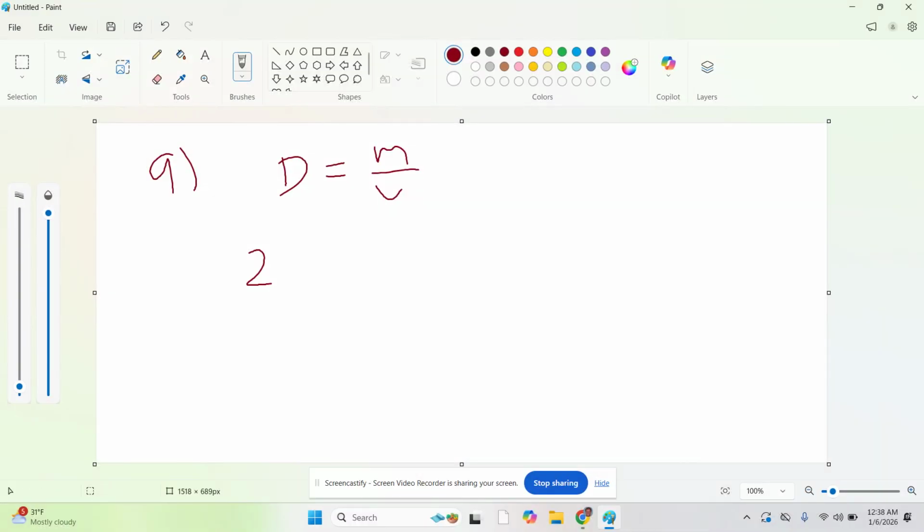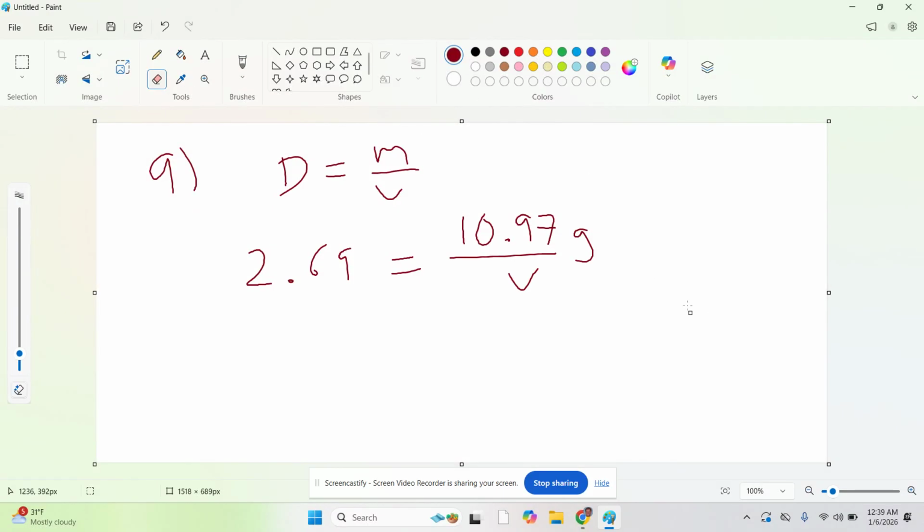The density of aluminum is 2.69, and that's equal to a mass of 10.97 grams divided by this volume. Well, we have to solve for the variable on the bottom of a fraction, which can be, granted, annoying. But there are some strategies that you can use.